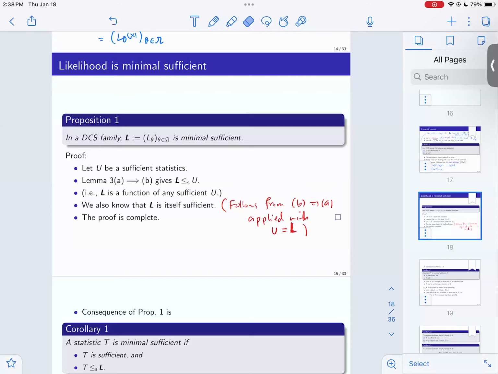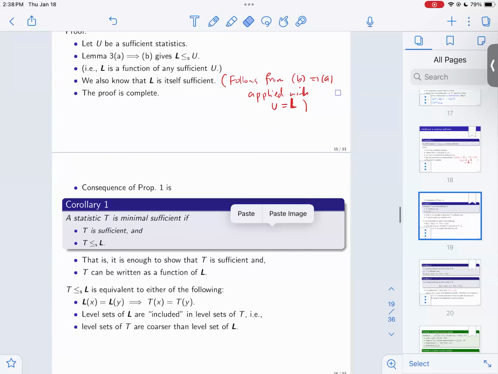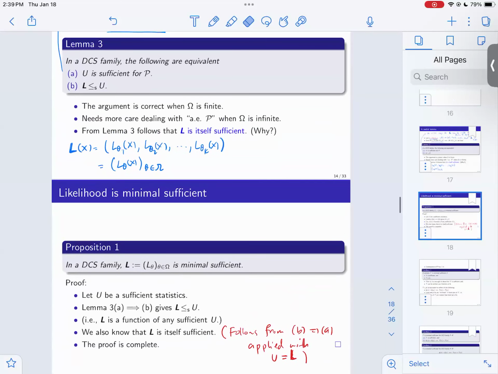First, a corollary of this is that I can say that a general statistic T is minimal sufficient if T is sufficient, and then I can replace the second criterion with T being a function of L. Why can I do this? Because by that proposition, I know that L itself is a function of any sufficient statistic, by minimal sufficiency.